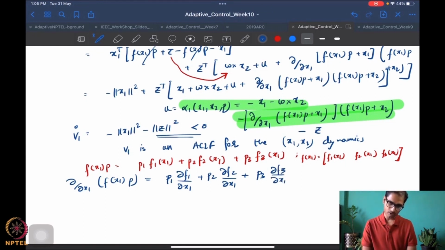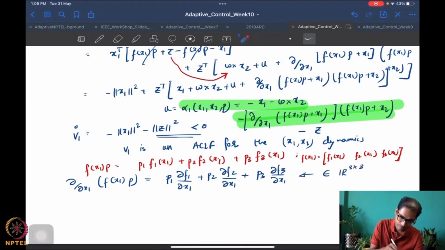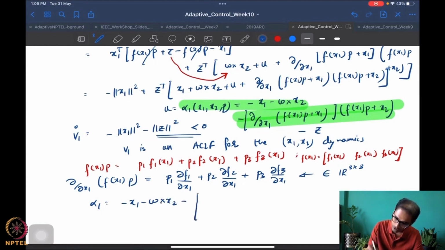Alright, so this is what it's going to be. Okay, so that is what is del x1 of fx1p, and that gets substituted inside here. It's better that I keep it like this. So basically my alpha 1 comes out to be minus x1 minus omega cross x2 minus, so the partial of x1 with respect to x1 is essentially the identity matrix.